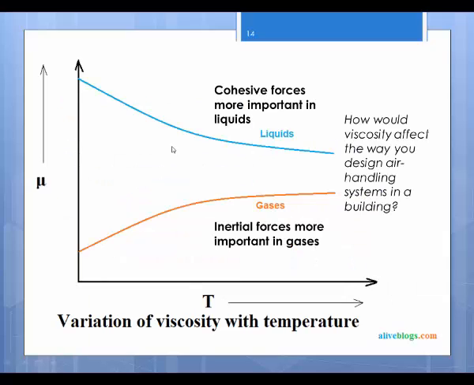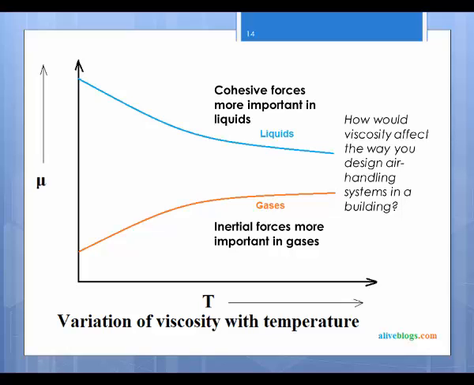This is a diagram that illustrates how viscosity changes with temperature, and as you can see, as temperature increases, as you might expect, just like when you heat up honey in the microwave, the liquid viscosity decreases, and that's because you're breaking up cohesive forces, which are really important in liquids. But in gases, when you increase temperature, you actually increase viscosity for some time.